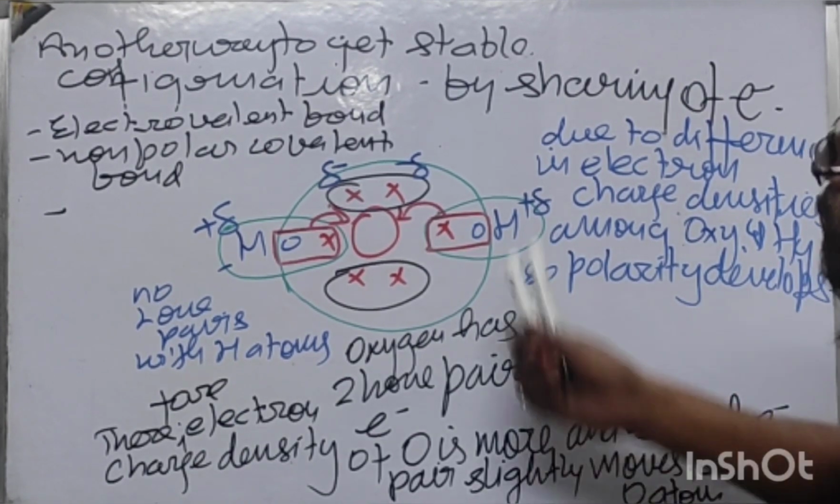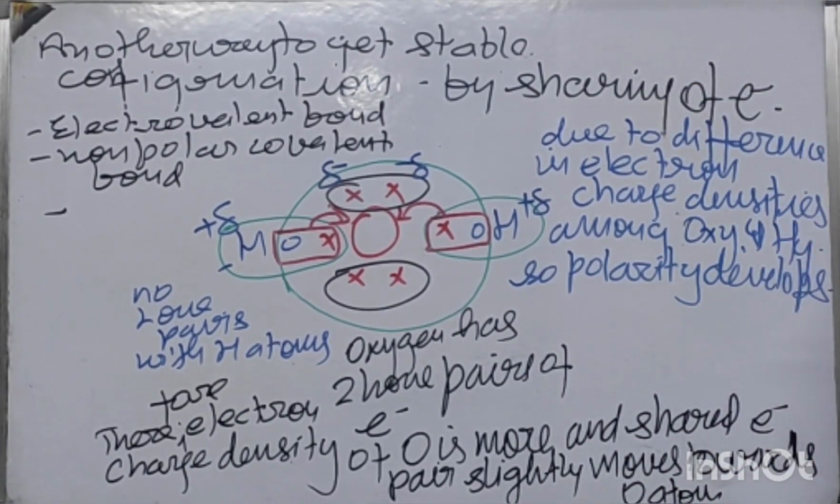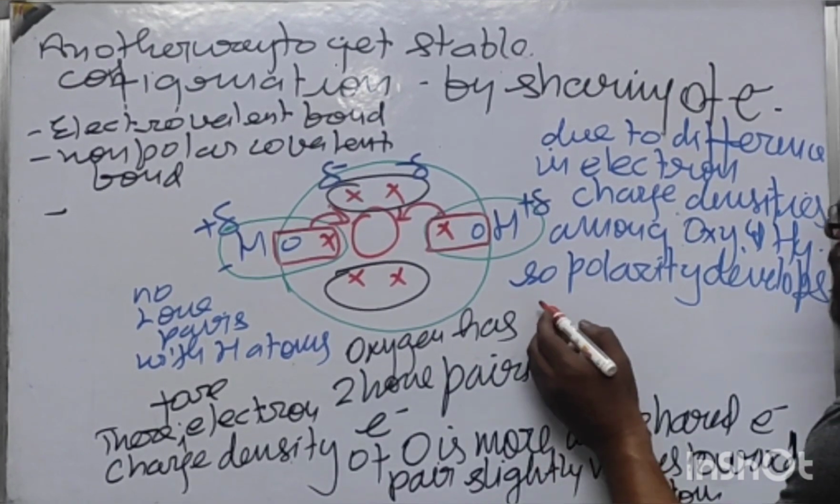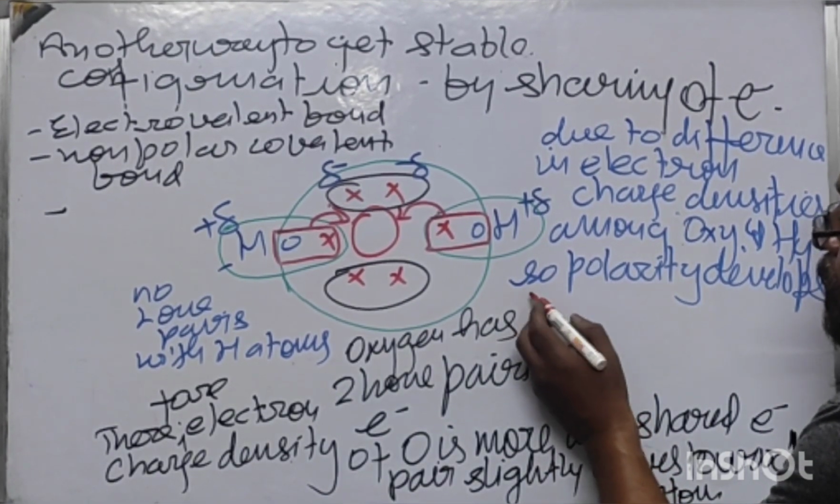Therefore, this type of bonding is known as polar covalent bonds.